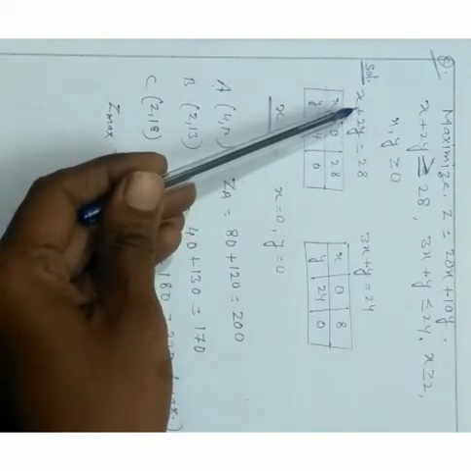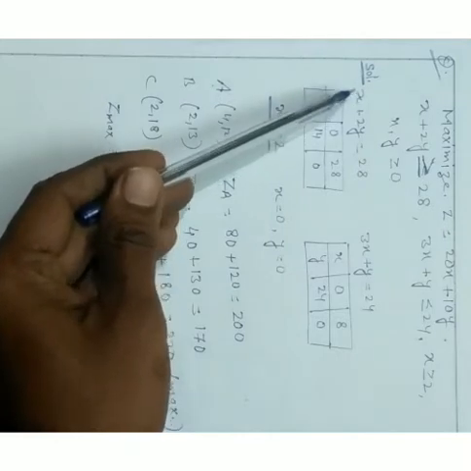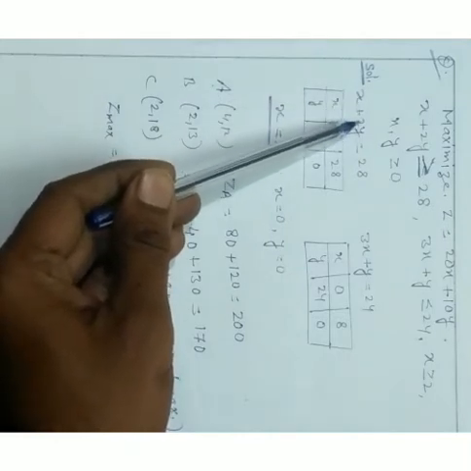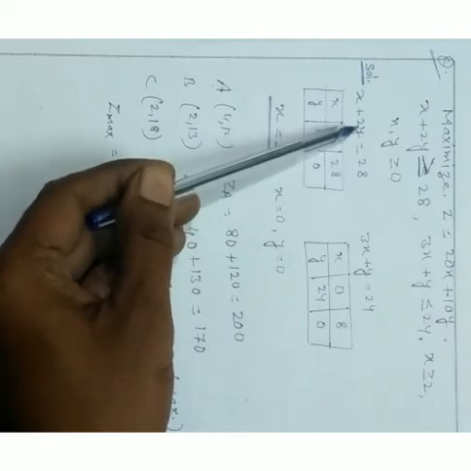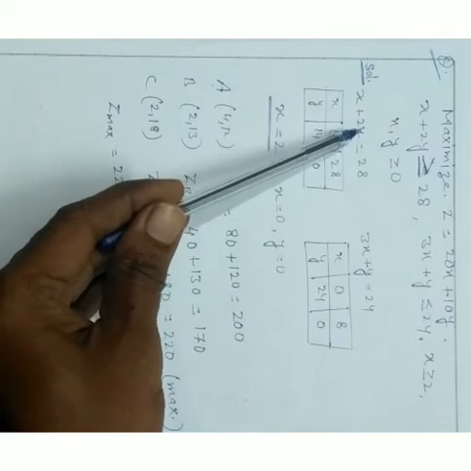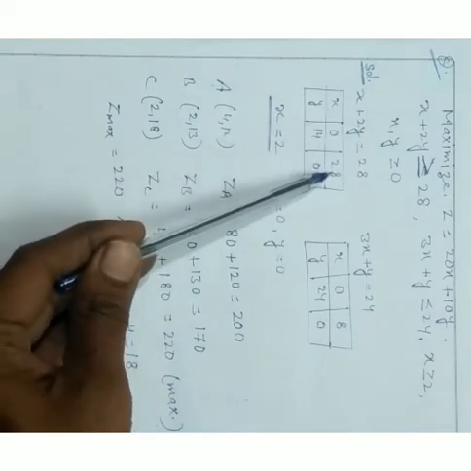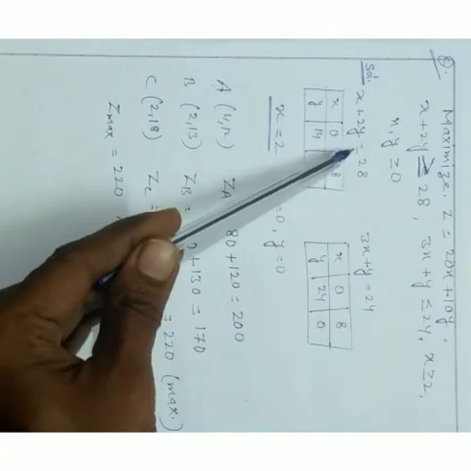Now we have to draw the graph. So we make the table. Put x equal to 0, y equal to 28 upon 2, that is 14. Then we put y equal to 0, we get x equal to 28. This is the table for this equation.